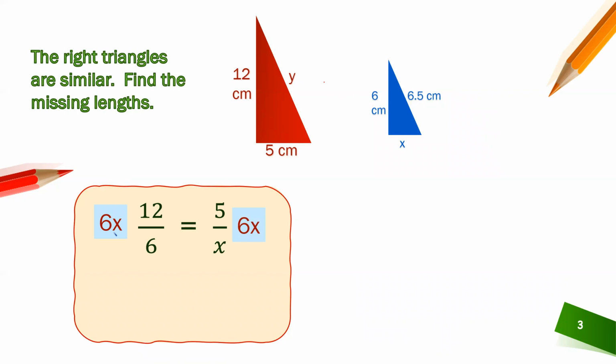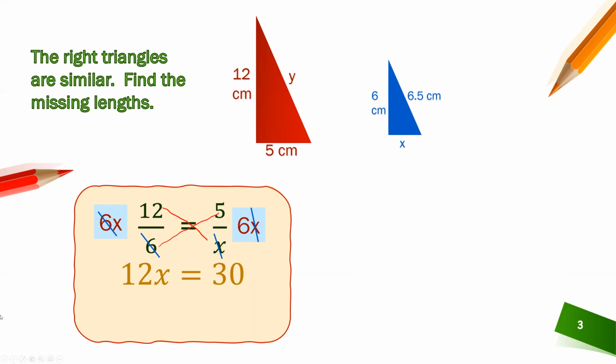Okay, now let's see what happened. 6 divided by 6 is 1, and then X divided by X is 1 on the right-hand side. So I really have 12X is equal to 30. Now, if you do so many of these, you will notice that that is the same as just what we say cross multiply, meaning 12 times X is 12X, and then 6 times 5 is 30.